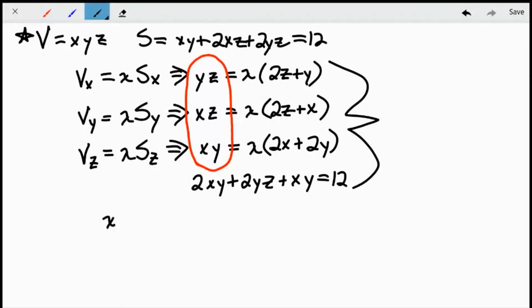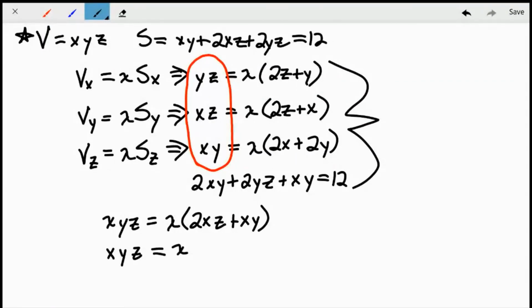The first equation gives me xyz equals lambda times 2xz plus xy. Then xyz equals lambda times 2yz plus xy, and then xyz equals lambda times 2xz plus 2yz.